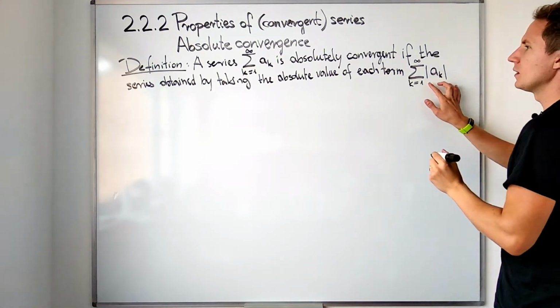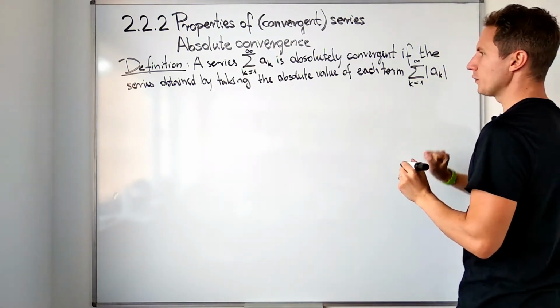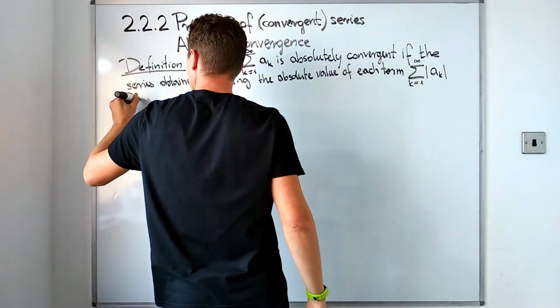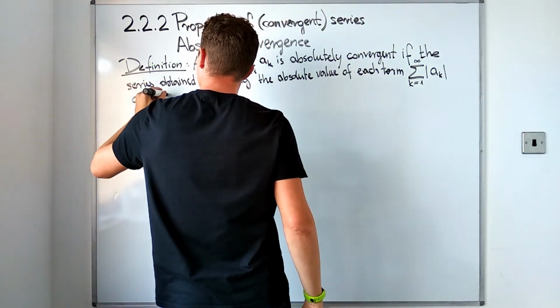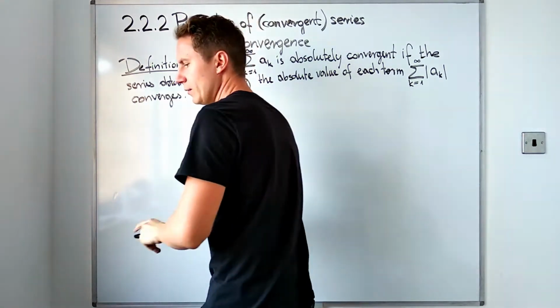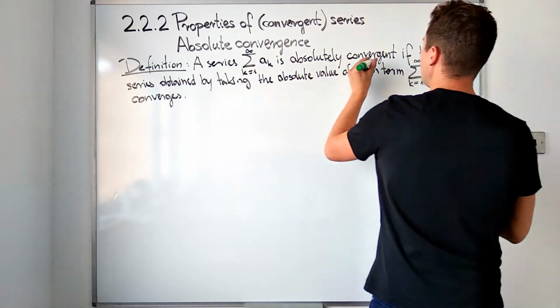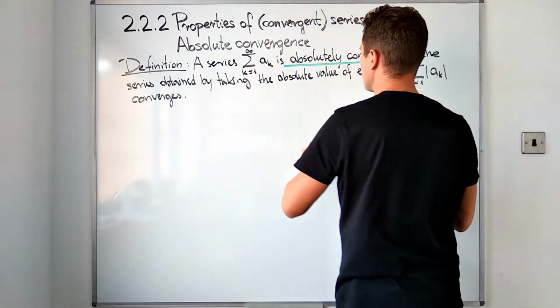Now we have taken the absolute value of each term. If this series converges, that is when we say that our original series, the sum of ak, was absolutely convergent.